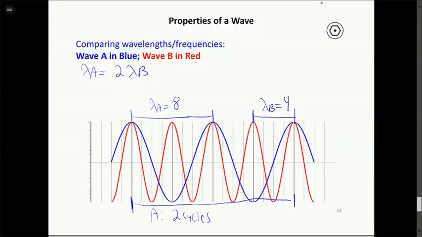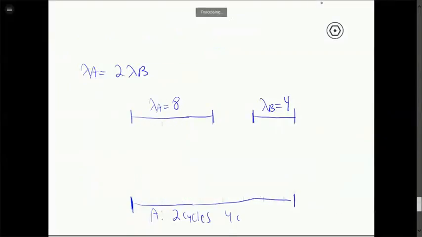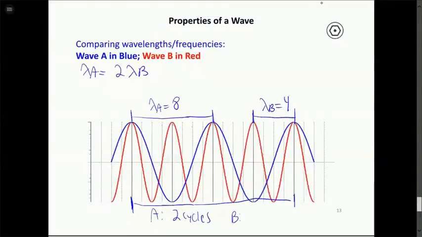And then for wave B, we have 1, 2, 3, 4. So we have 4 cycles for wave B in that same period. And so the frequency of A is only 1/2 that of the frequency of B.